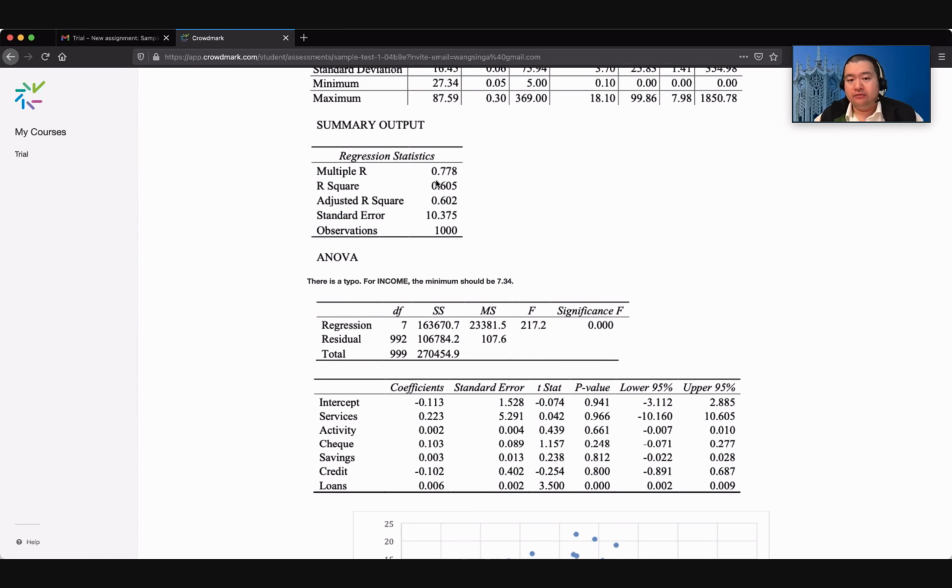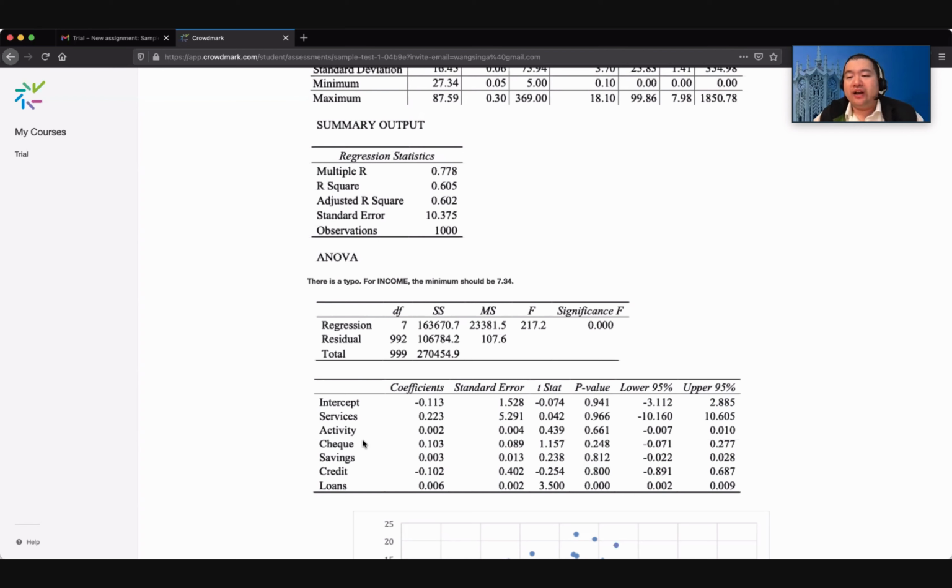So it shows it's more than 0.7. More than 0.7 means your selected independent variables are strongly correlated, not positively, because it could be negative. It's not positive, just strongly correlated with the dependent variable, right?